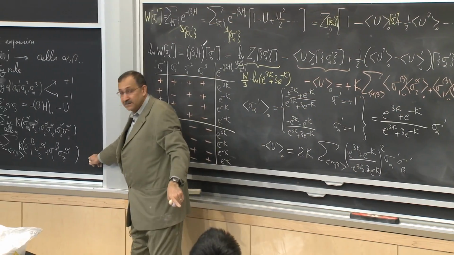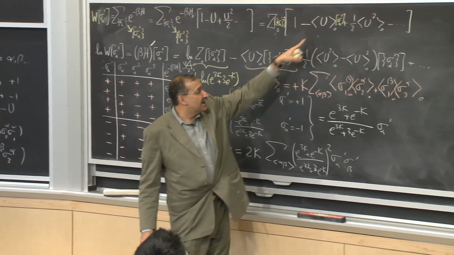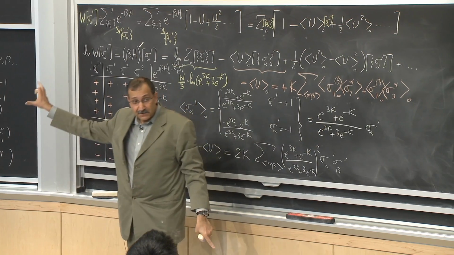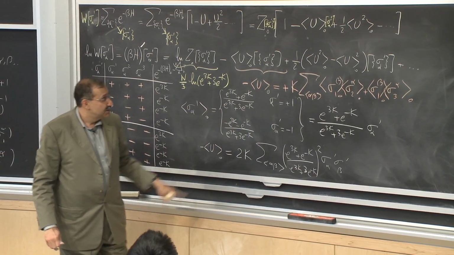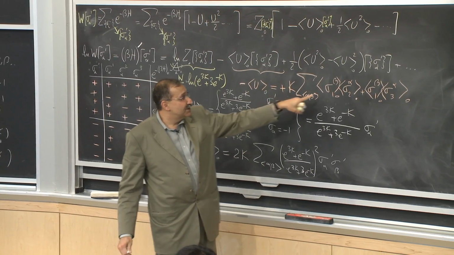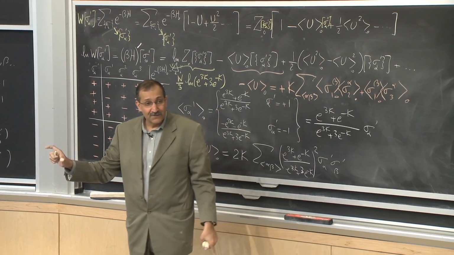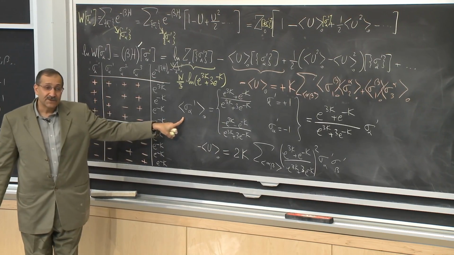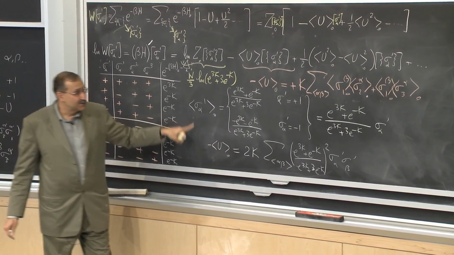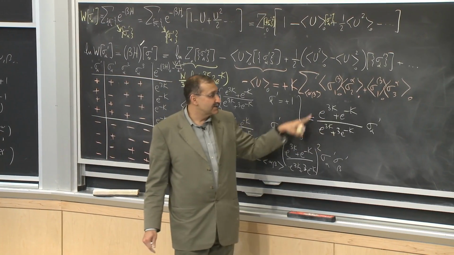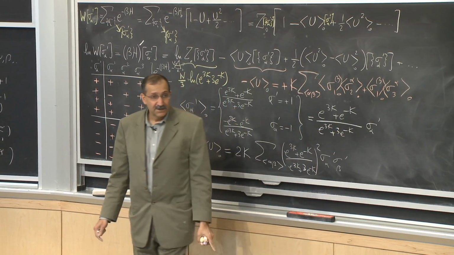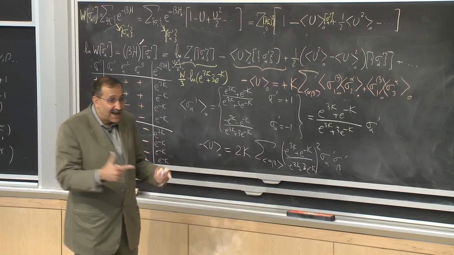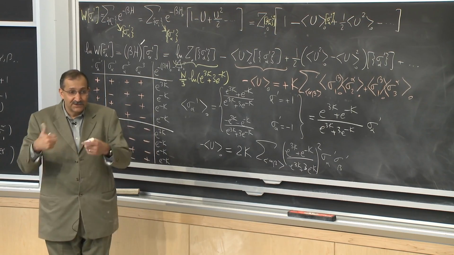It's over here. And then here it says I have to take an average of it. Average, given that I have specified what the cell spins are. And I see that that average is really a product of averages of side spins. And I was able to evaluate the average of a side spin, and I found that up to some proportionality constant, it was the cell spin. So if the cell spin is specified to be plus, the average of each one of the side spins tends to be plus.